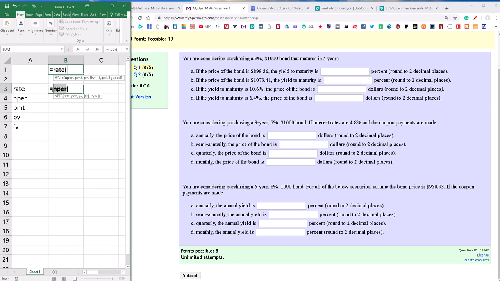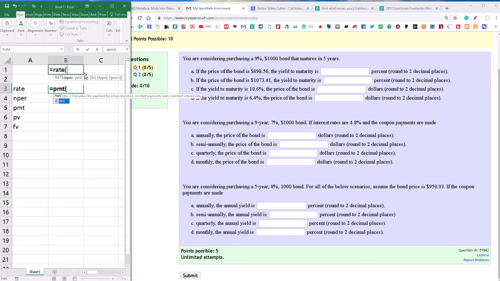Or if I had typed present value, then the inputs to present value are rate, number of periods, payment, future value. Or if I type FV, the inputs are rate, number of periods, payment, PV. And then I can also do PMT.